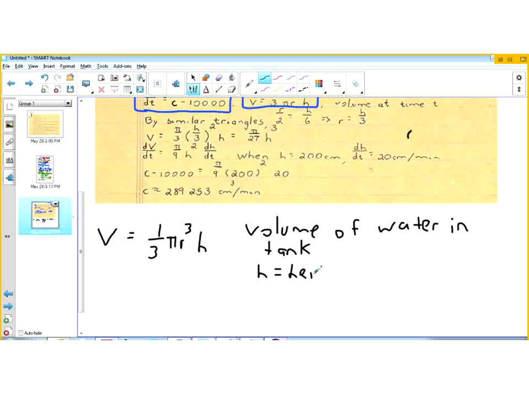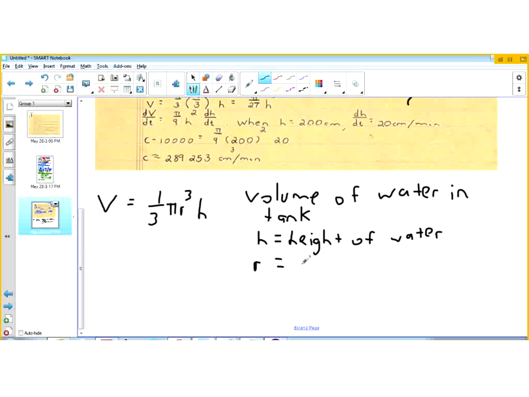Okay, so h is equal to the height or the depth of the water. You can consider it as a depth. And then r is the radius of the cross section, and that's a circular cross section of the water surface.